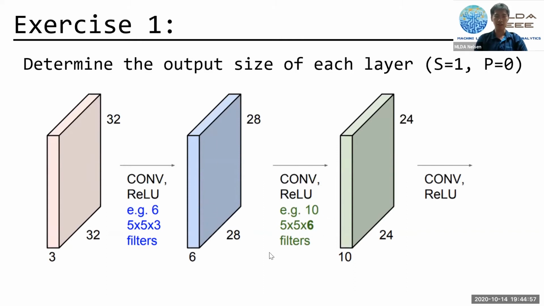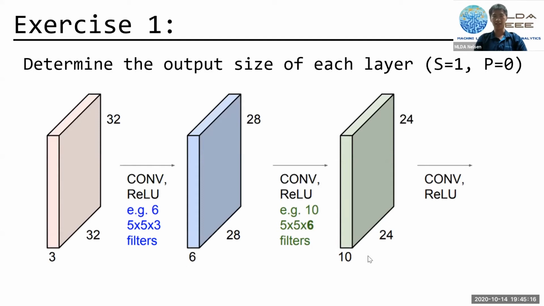Similarly for this one, it acts the same way. And the number of channels for the filters is equal to the number of channels of the input image. So 3, 3, 6, 6. This 6 will play a role in this 6, and this 10 will play a role in this 10.